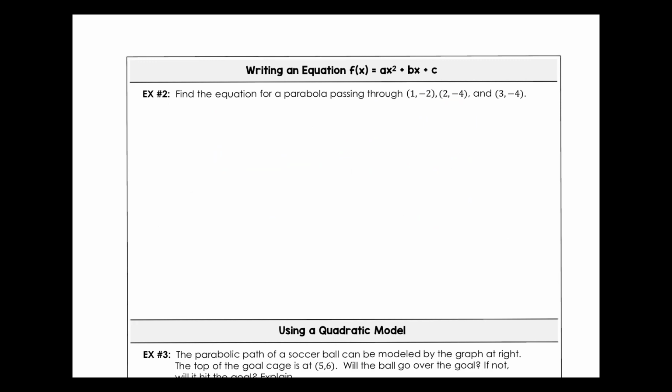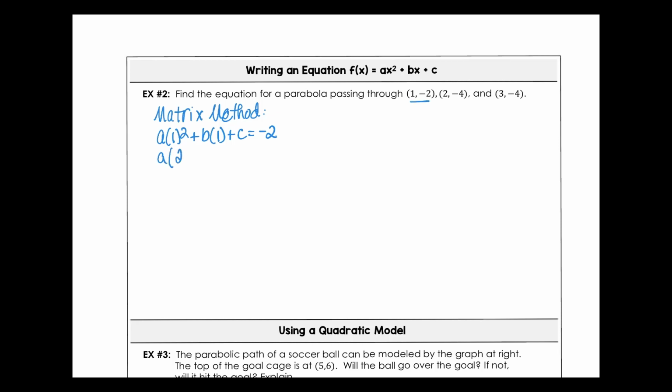In example 2, I'd love for you to grab your calculator. We're going to use the matrix method here. So using a matrix on the calculator, we're going to first write the system of equations. So we have the 3 points, A times 1 squared plus B times 1 plus C equals negative 2. That used this point.